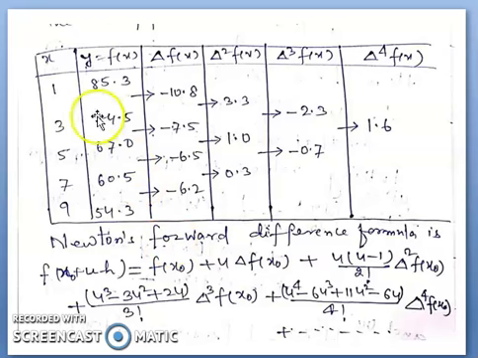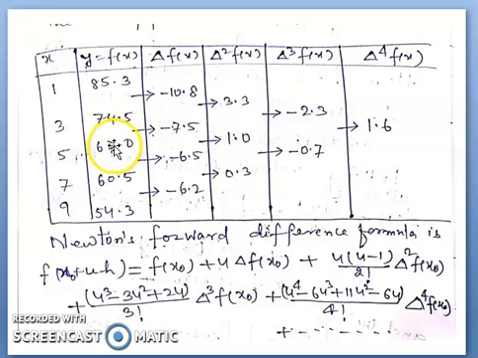Here is the difference table of the given values. The values of x are 1, 3, 5, 7, 9 and here are the values of f(x). As we know, by Newton's forward method, first we take the difference between these two points and we get the value of del f(x) and write it in the middle.